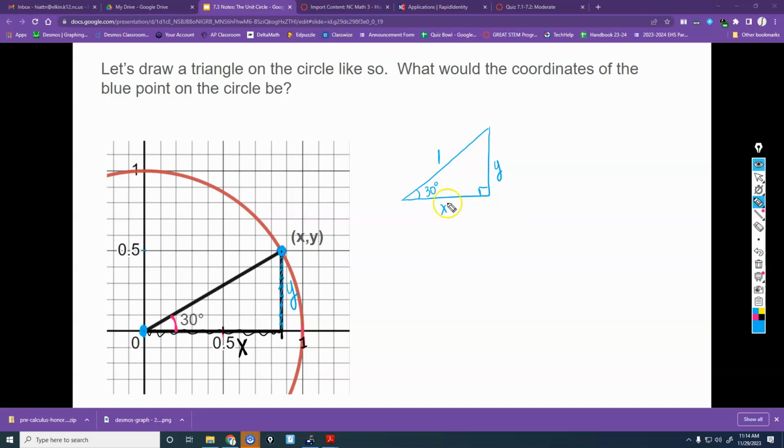Okay? So I can use trig to find x and to find y here. So if I want to find x, 30 degrees is my angle right here. So this would be my adjacent side. This would be my opposite side. And this would be the hypotenuse here.